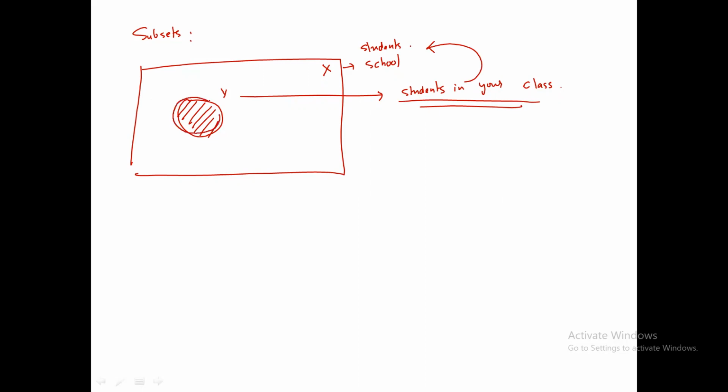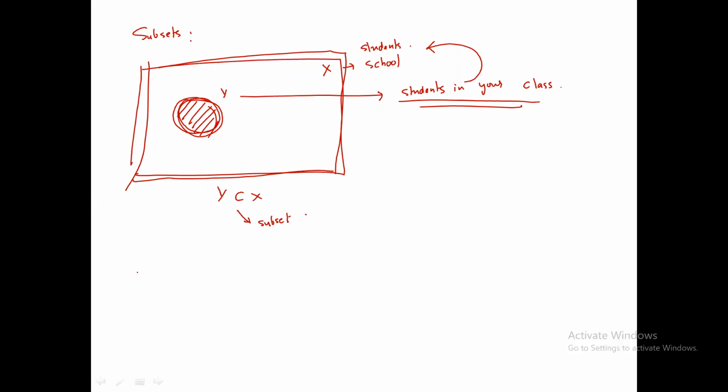All the elements of Y are present in X also. They all are students of your school also. That is why I can say, if you take X and Y, Y is a subset of X. This symbol is used for subset.